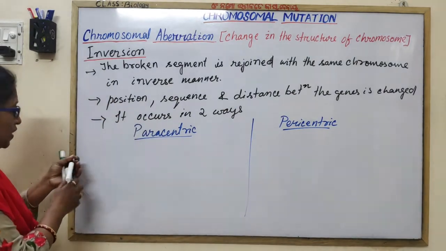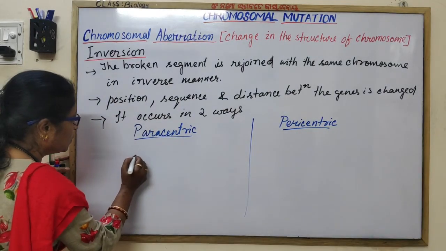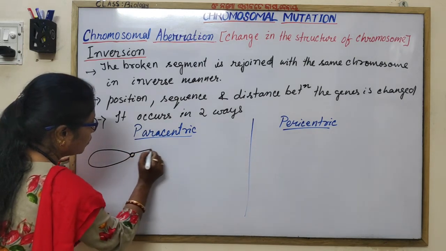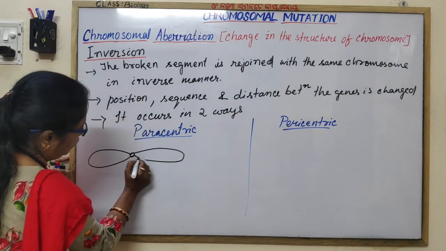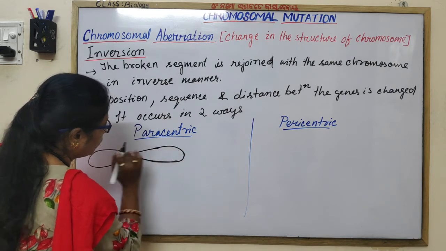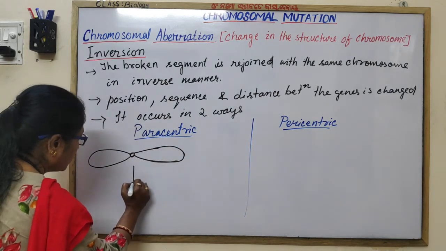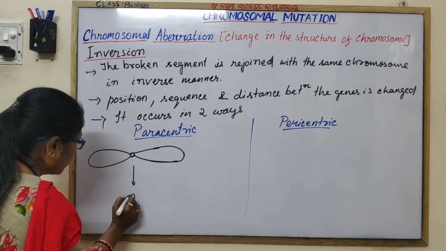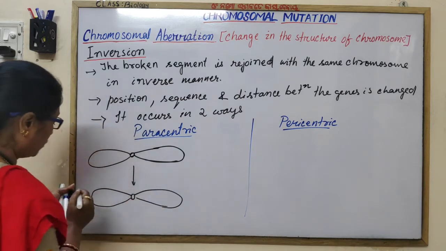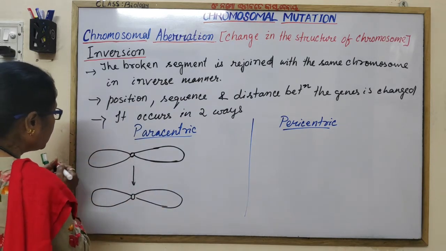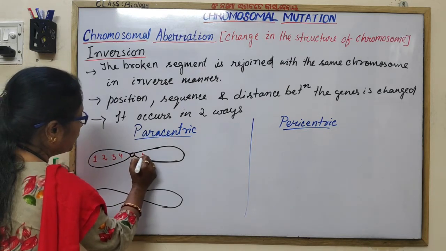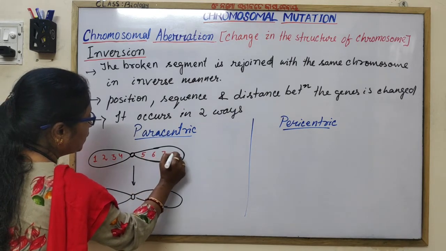Let us see, paracentric means, what happens? Suppose 1, 2, 3, 4 genes, 5, 6, 7, 8.